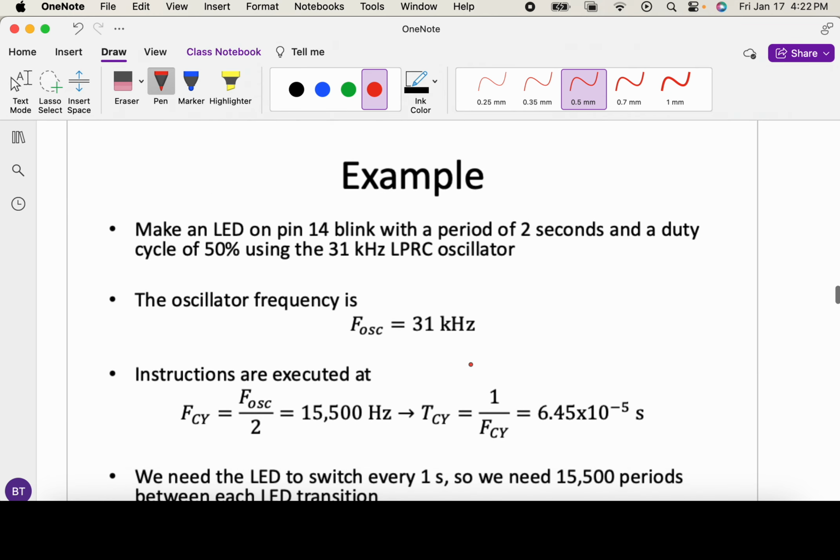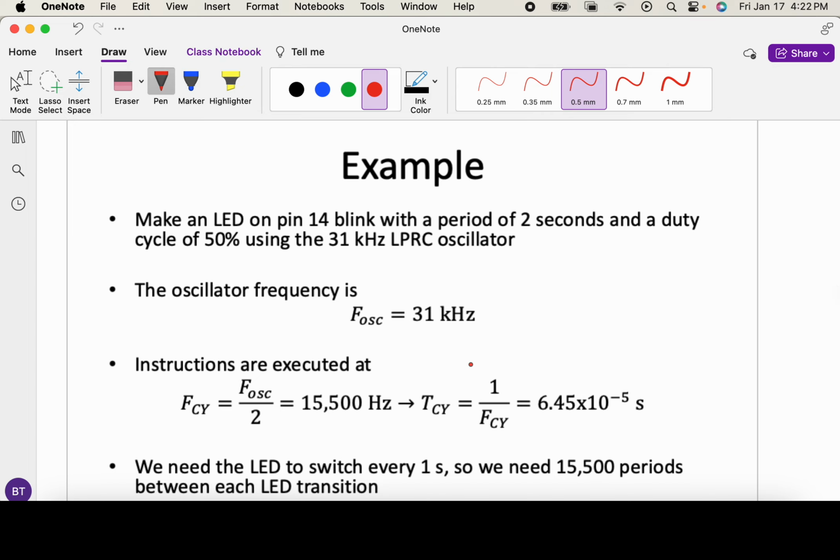So let's look at an example. Let's say we want to make an LED on pin 14 blink with a period of 2 seconds and a duty cycle of 50%.